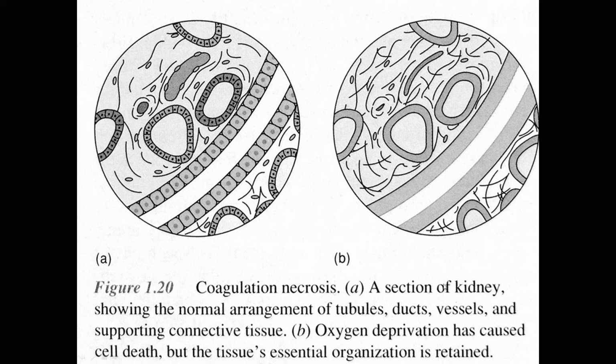However, if the tissue architecture is destroyed under the effect of bacterial infection, the bacteria stimulate phagocytes to release enzymes that will liquefy the surrounding tissue. So, this is known as liquefaction necrosis.